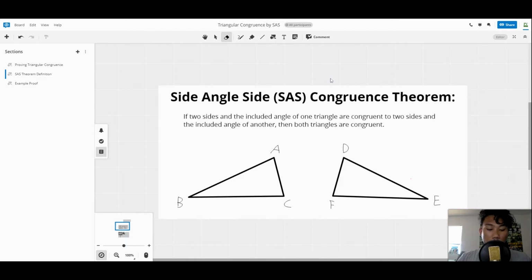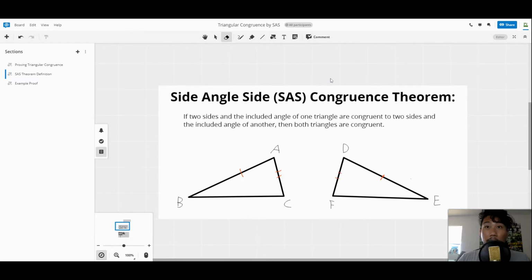if I have two sides of one triangle, let's say AB and AC, and both of these sides are congruent to two sides of another triangle, so let's say that DE is congruent to side AB, and that DF is congruent to side AC.